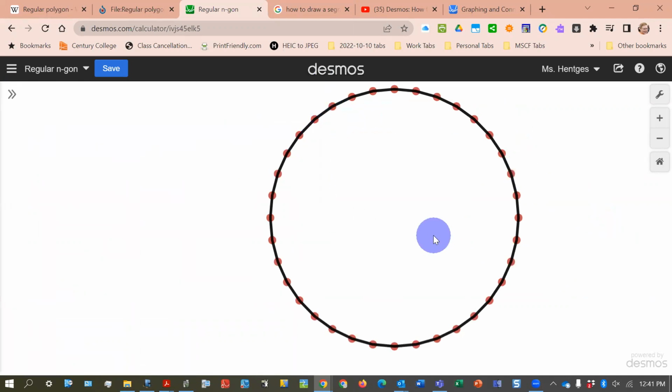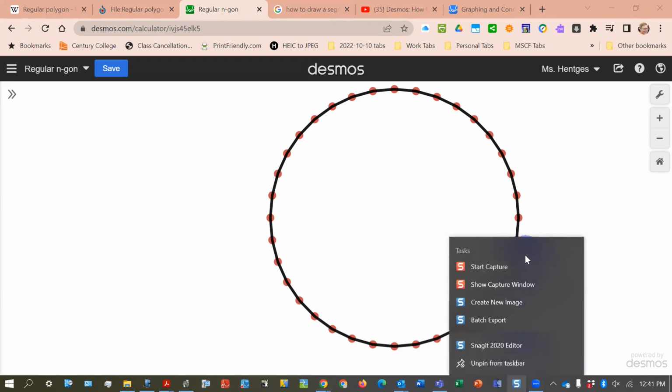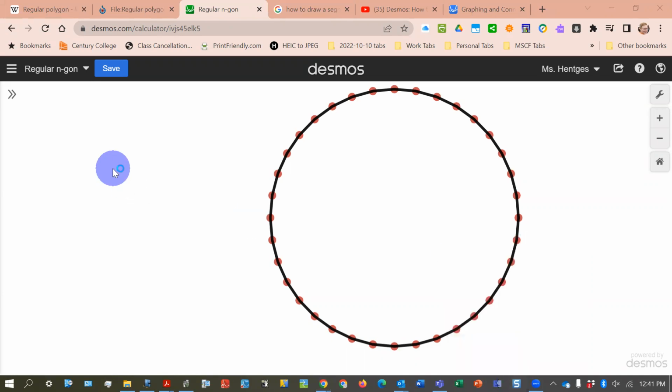So here's a picture of a 36-gon, a regular 36-gon.